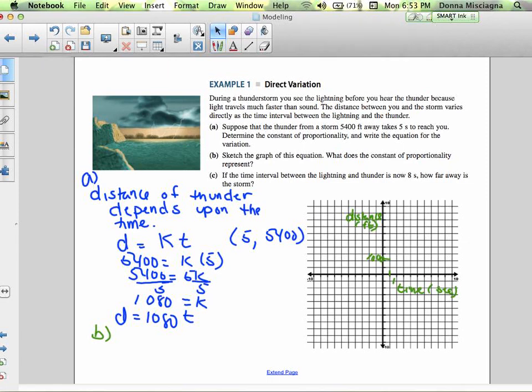Or actually, let's make every line worth 200. Then I think we have a little bit more space: 200, 400, 600, 800, 1,000. All right, I've decided. That's what happens when you're scaling your graph. I think that's a little easier to graph with. Let's just make every line worth 200.